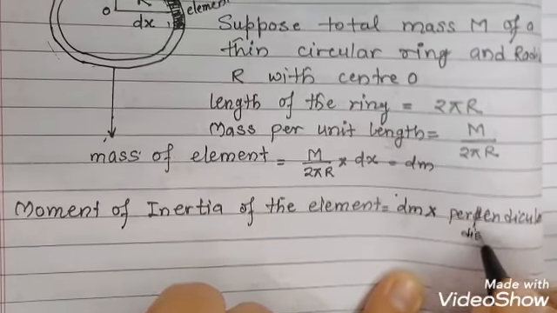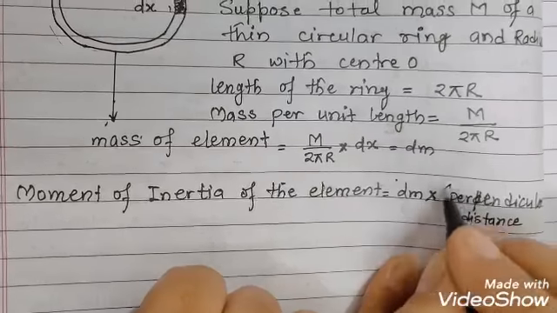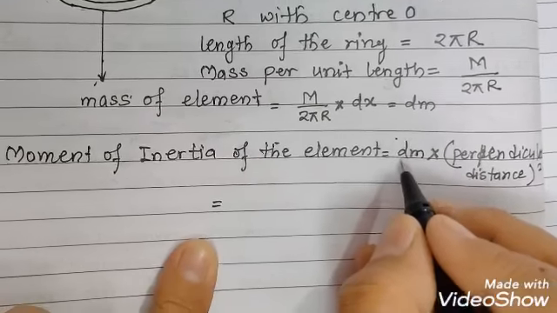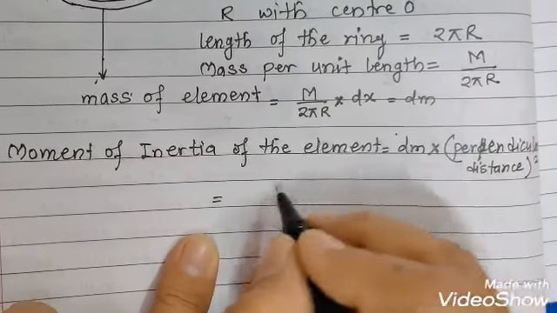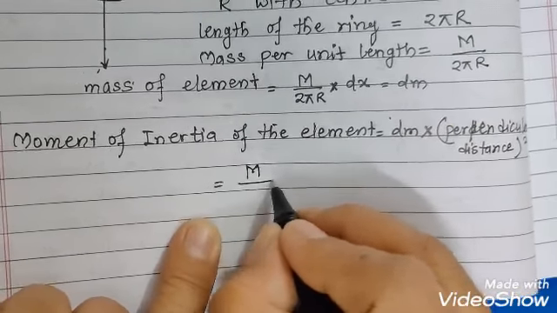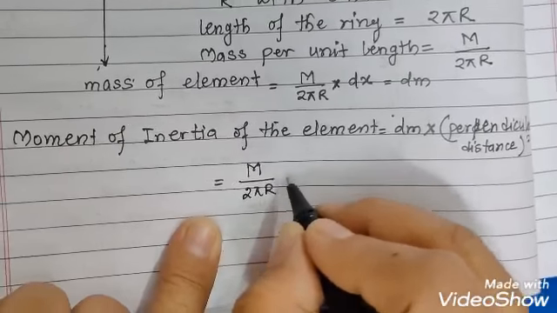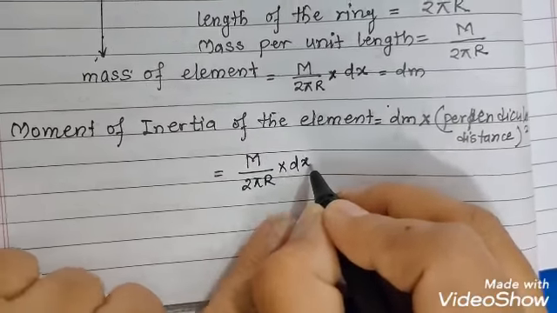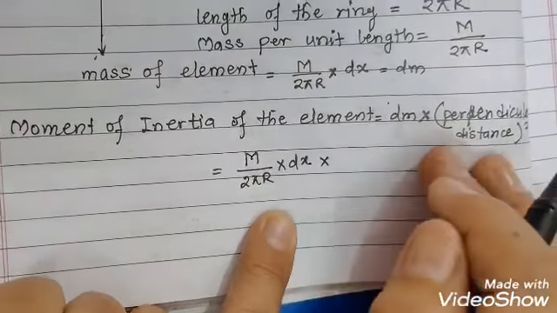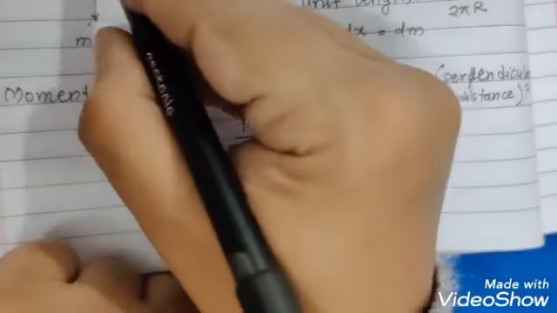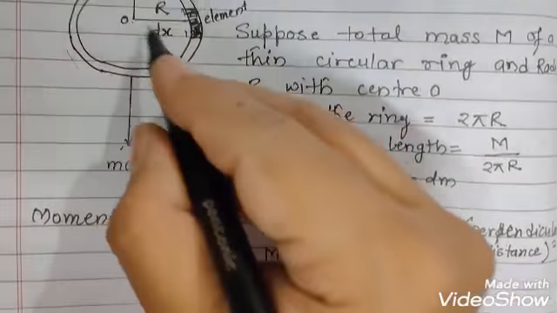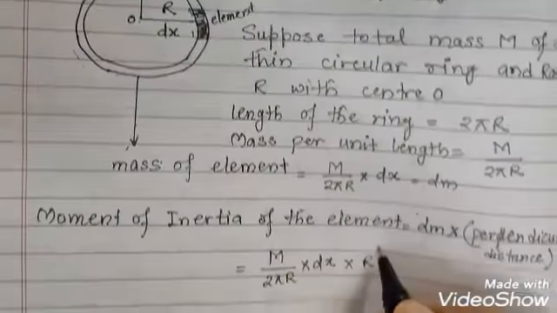The mass of the element we have already calculated, that is dm, which is equal to m upon 2 pi r multiplied with dx, and here the perpendicular distance is r, and the square of it is r square.